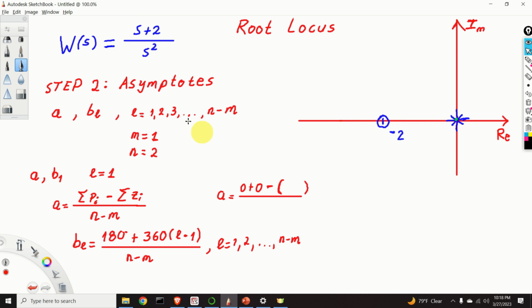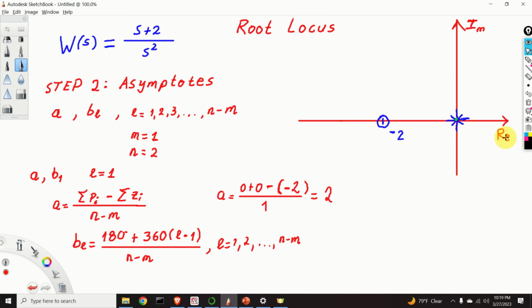We only have a single zero at minus 2. Consequently, we write minus minus 2. And we divide the complete expression by n minus m, and that's equal to 1. Consequently, we obtain 2. So our asymptote is centered at 2, somewhere over here.